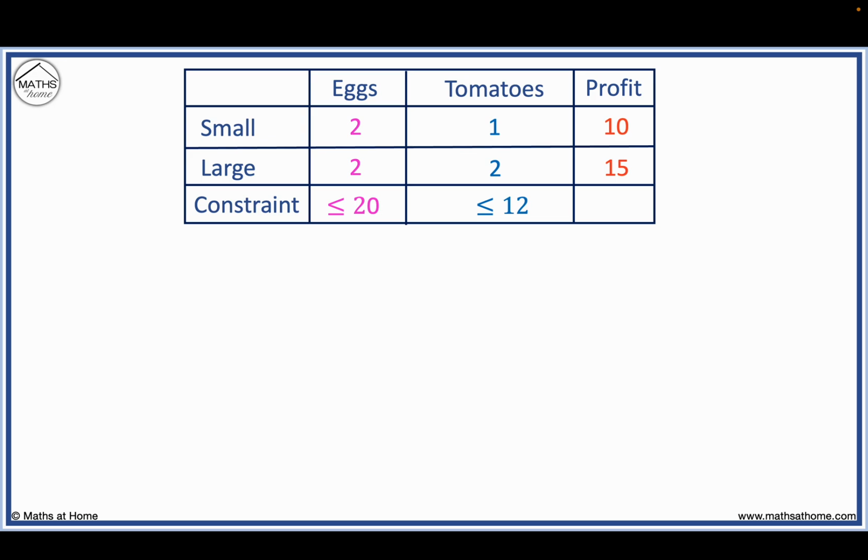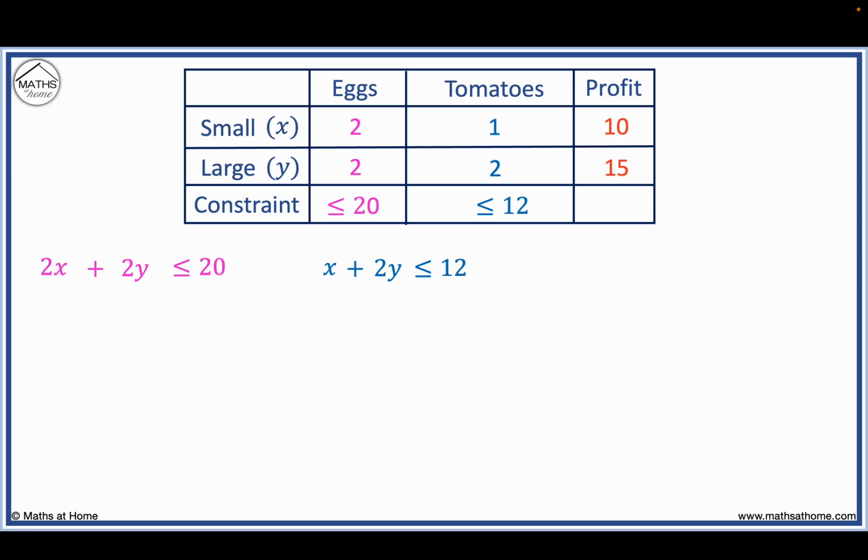We will call the number of small breakfasts produced x, and the number of large breakfasts produced y. Considering the eggs, we have 2x plus 2y is less than or equal to 20. Considering the tomatoes, we have 1x plus 2y is less than or equal to 12.